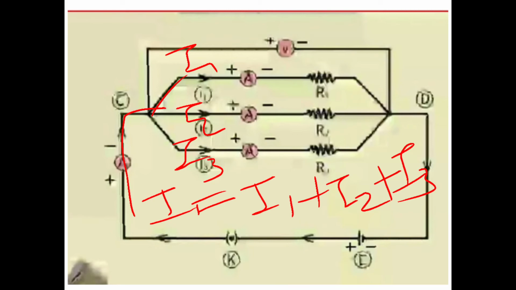I got broken into I1 plus I2 plus I3 because to reach the other pole, we have three different ways. So my I will be I1 plus I2 plus I3. Ultimately, all the electrons will reach. They all come here the same way and then they follow the path.